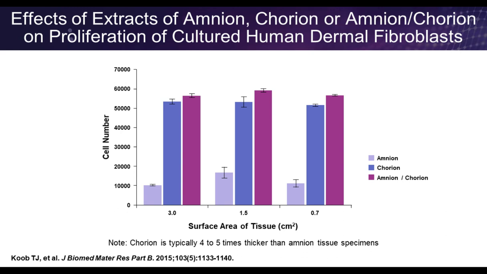And then, of course, when we have the combined amnion-chorion unit, there's a slightly higher amount of cell division.